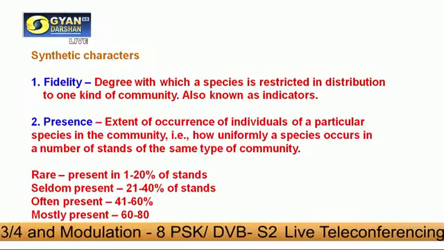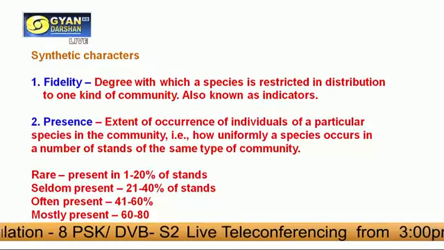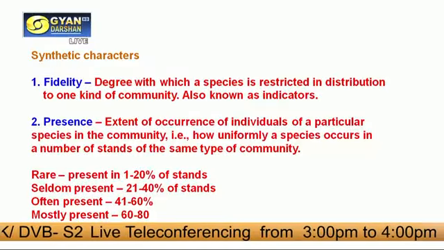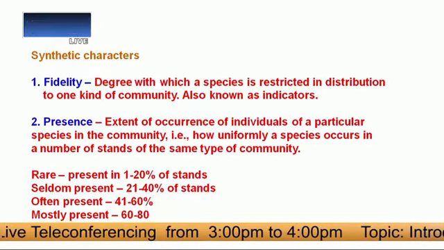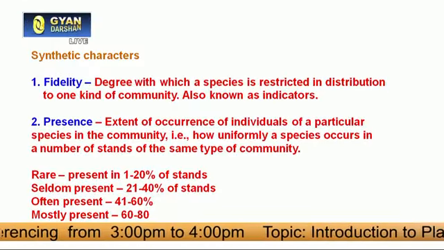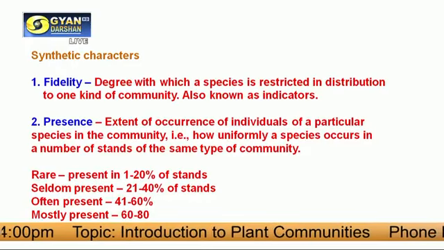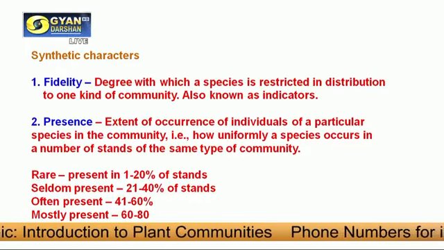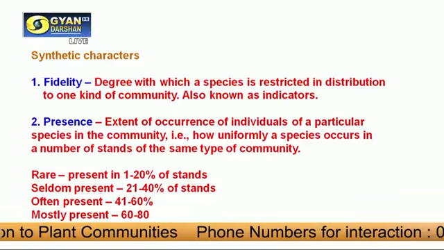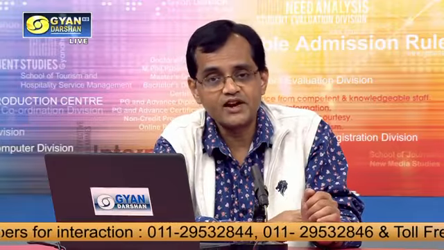So these are the 5 vitality groups. Now we come to synthetic characters. One is fidelity. That is the degree with which a species is restricted in distribution to one kind of community, also known as indicators. There are many species which are restricted to one community only. They are not very dispersive. So that is called fidelity.